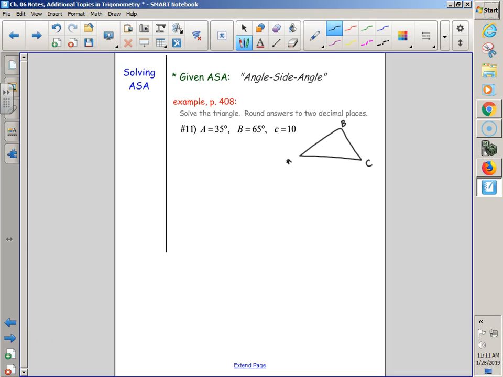I'll give you a second to think about the information, either just here written out or in the picture. And I want you to try to set up what you think would be our beginning, okay, after finding angle C. Most of us are like, yay, subtract from 180, and you're totally right.